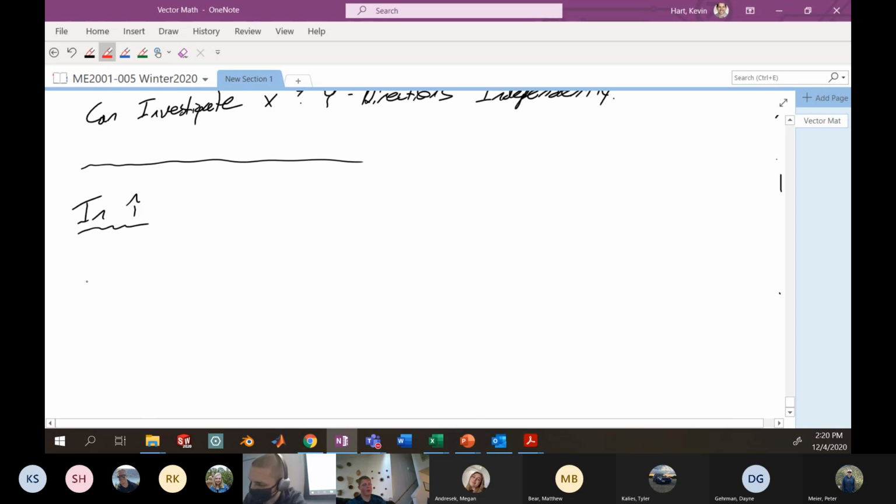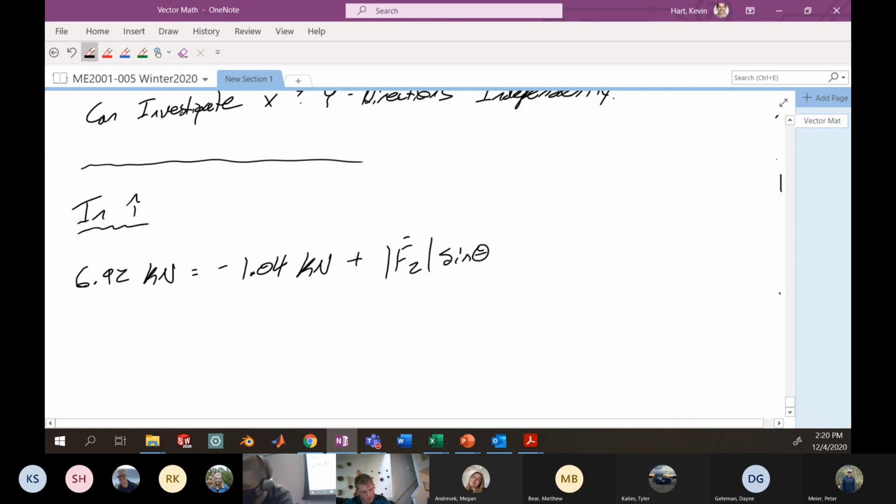So here in i, on the left-hand side we have 6.92 kilonewtons equal to negative 1.04 kilonewtons. This is my contribution in the x direction from F1, plus the magnitude of F2 times the sine of theta. That's my contribution to the vector in the x direction from F2. And then plus 6 kilonewtons. That's my contribution from F3.